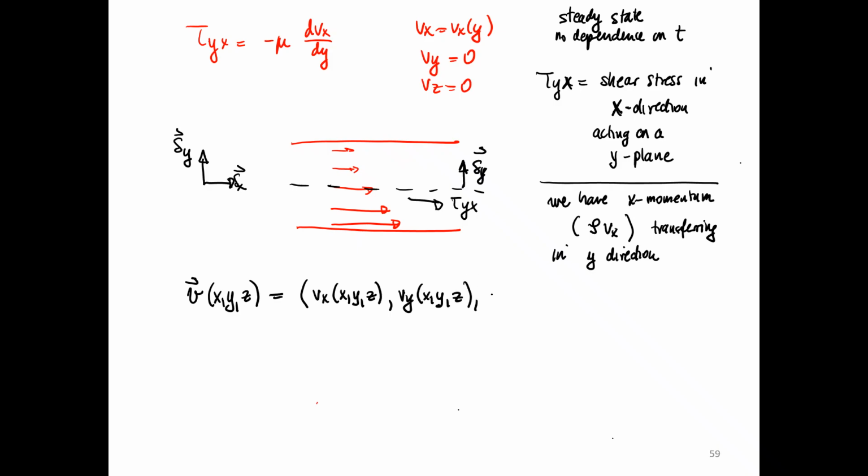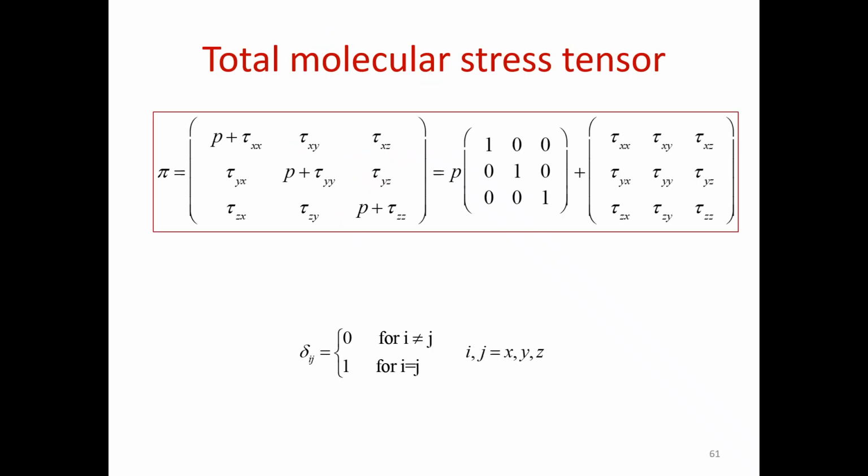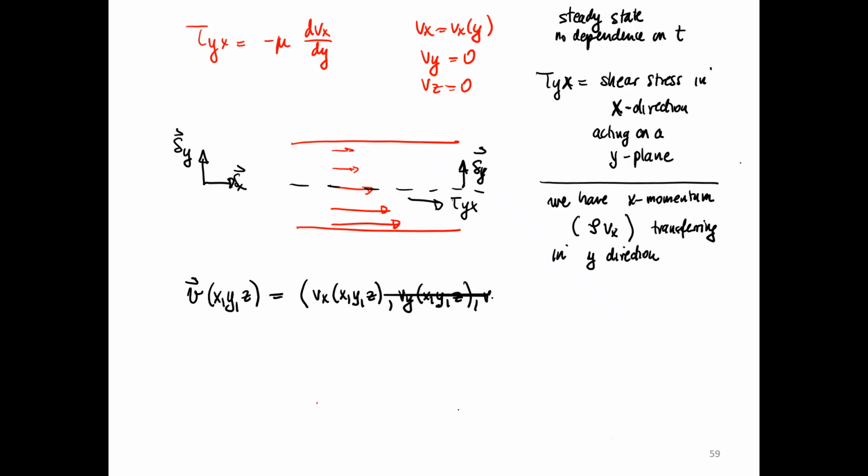I could depend on time too, but I'm not going to gain anything. Vz of x, y, z. Okay. So now I have 3 different velocities in the most general case. I'm not just moving in this simple mode. It could be whatever movement.